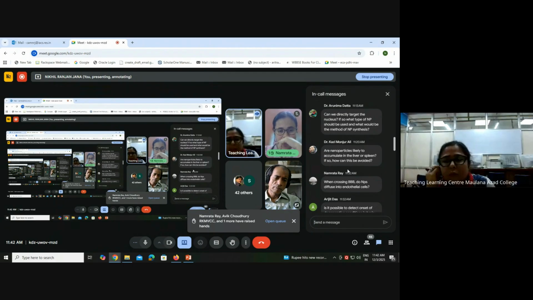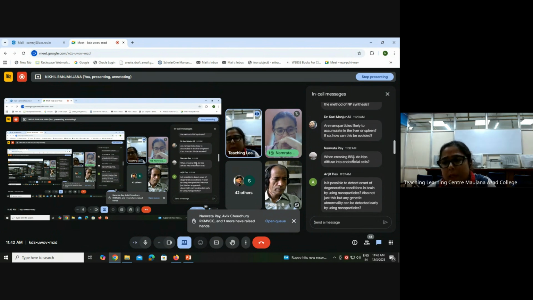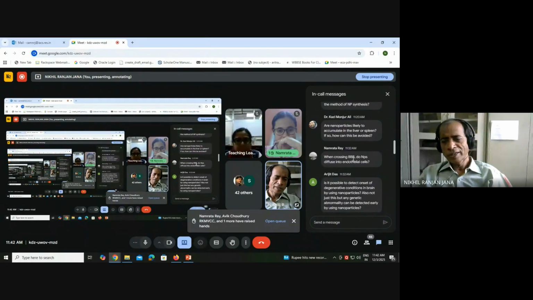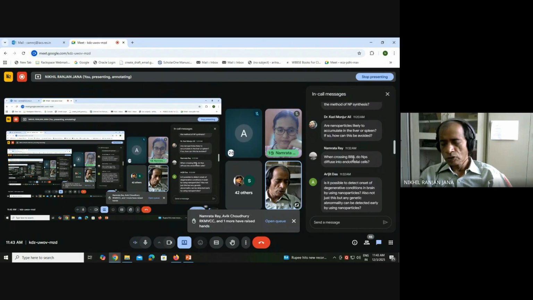Sir, the next question that we received from Namrata Roy asks: when crossing the BBB, do NPs diffuse into endothelial cells? It's not simple diffusion. Diffusion will not work, because for entry of any nanoparticles you need either endocytosis, or for some ions or molecules, for example glucose, there are transporters.